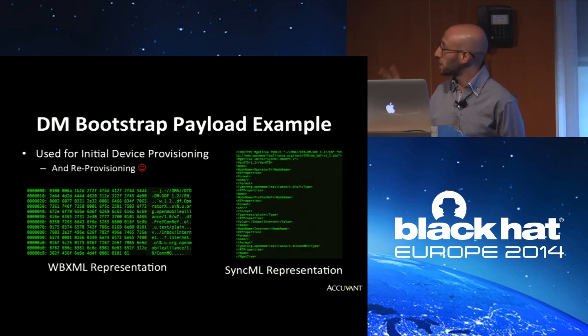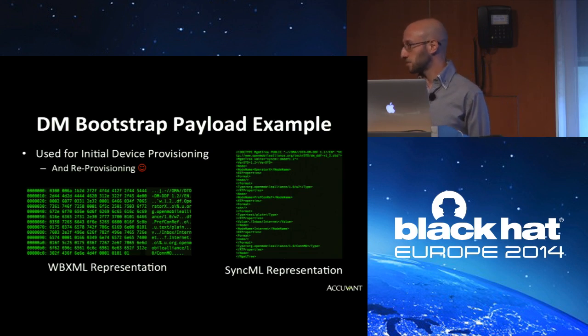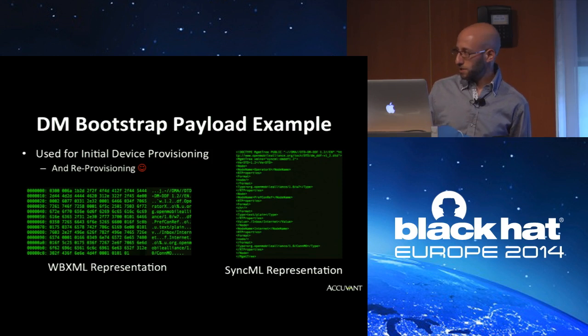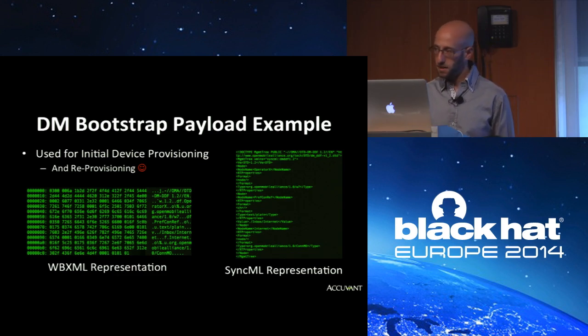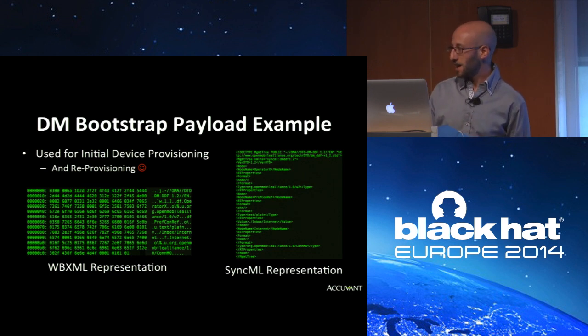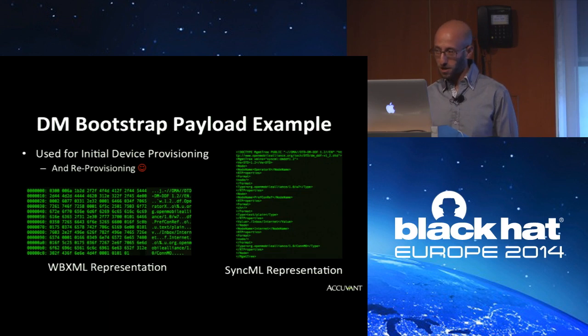And you have the SyncML representation to make it a little easier to understand. What's interesting to note is that this is much more heavily used on a global scale than it is in the US. Only one carrier in the US uses it, but because of GSM network design out here, it's used a lot more heavily.